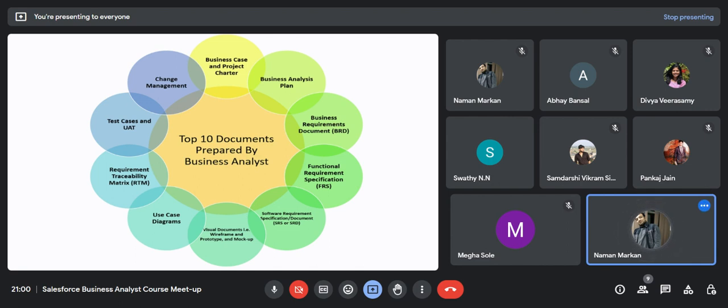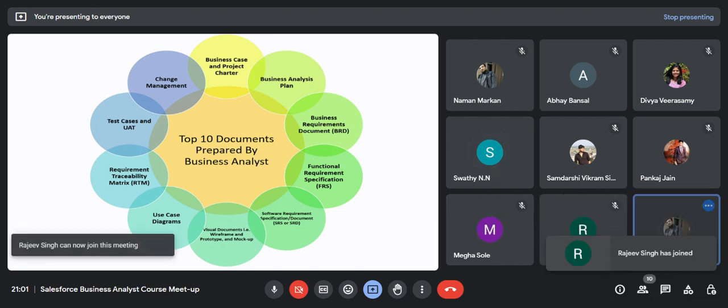But apart from the IT people, there are different departments which are not sure how a particular functionality will work once built by the developer. So the functional requirement gives you a full understanding of what exactly is being completed during this requirement, or what exactly needs to be covered in the functionalities to build, right?